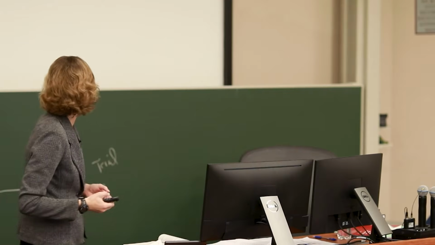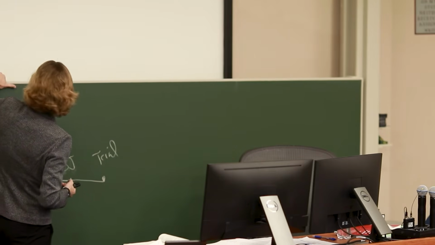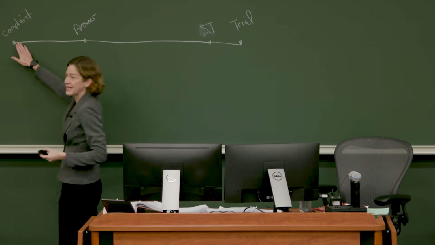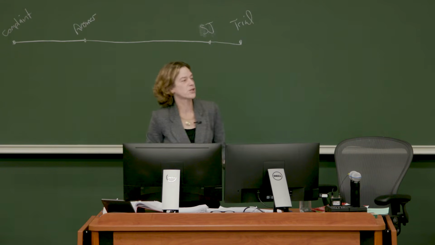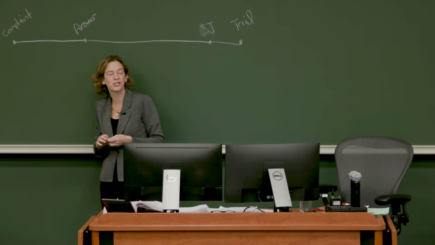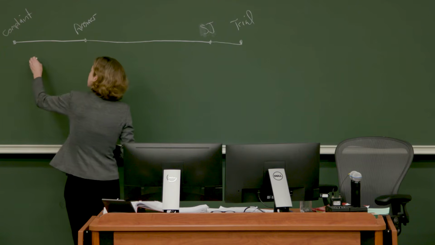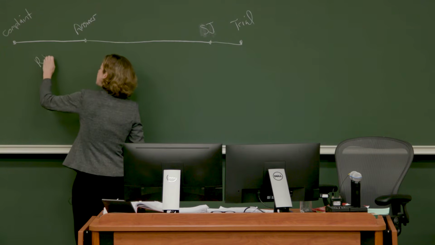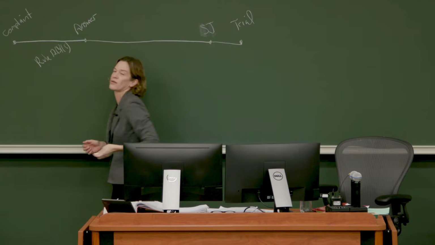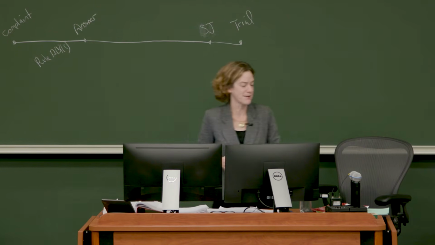So going back to our litigation timeline, we know that the case starts with a complaint. We know that there's an opportunity after that complaint is filed for the defendant to seek to dismiss the case based on various Rule 12(b) defenses, including, most relevant here, the 12(b)(6) defense for failure to state a claim.